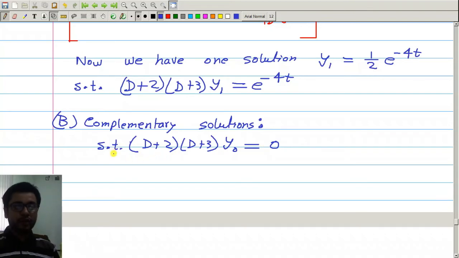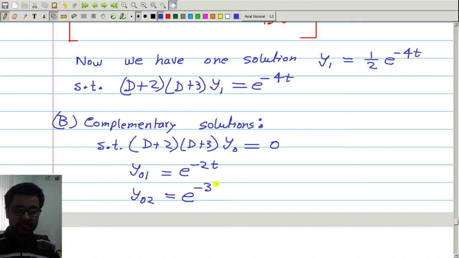Now in our first class on differential equations, we have learned that such an operator will have two solutions of this form: y01 equal to e to the power minus 2t, because here we have d minus minus 2, and y02 equal to e to the power minus 3t.